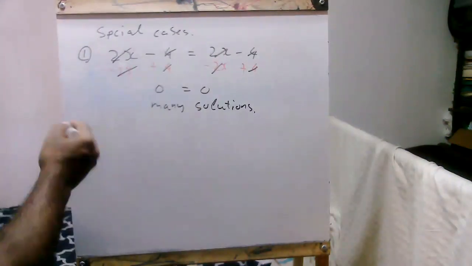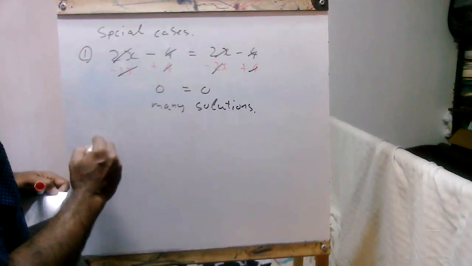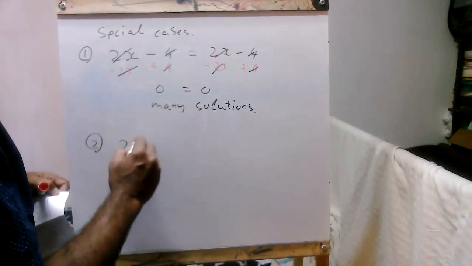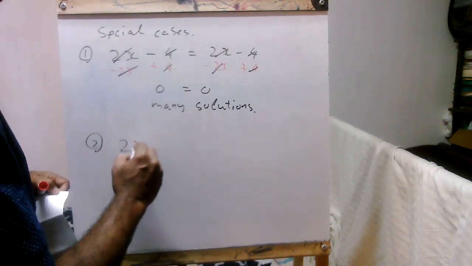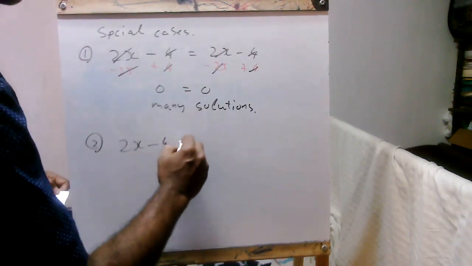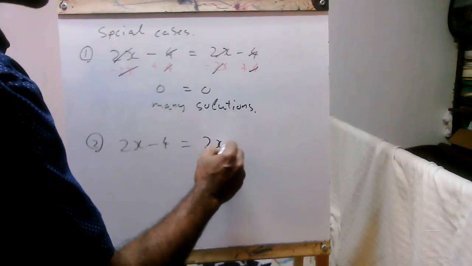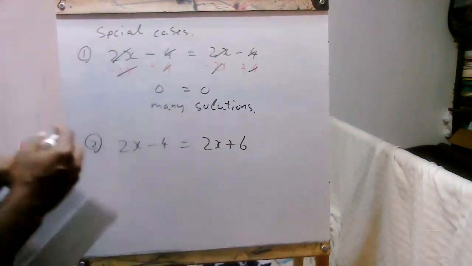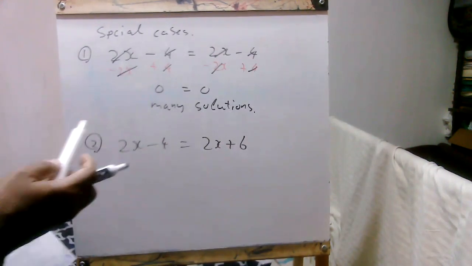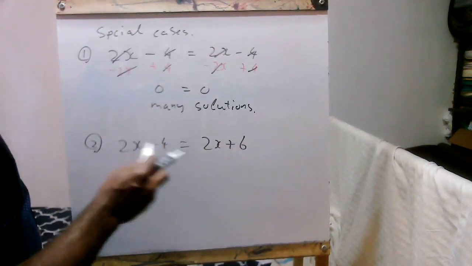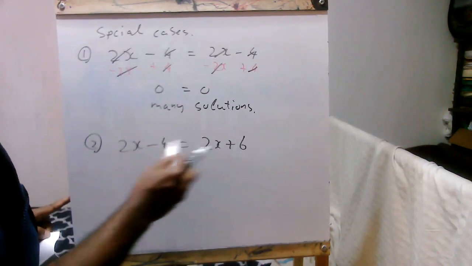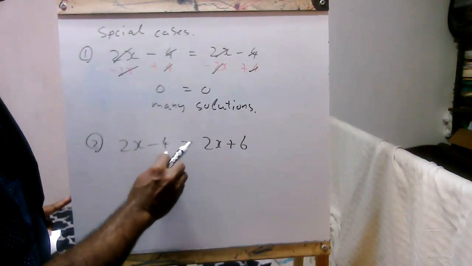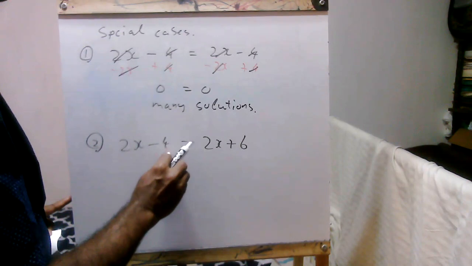Right, now the second case is I take the same example but a little bit different. x minus 4 equal to 2x plus 6. Now if you want to solve, you want to move this 4 to the other side. Plus 4, plus 4.